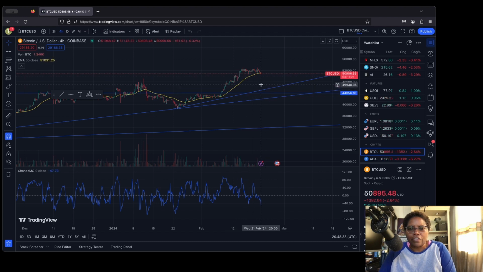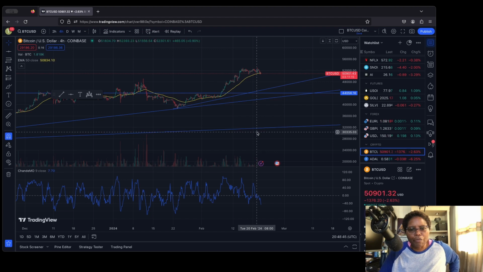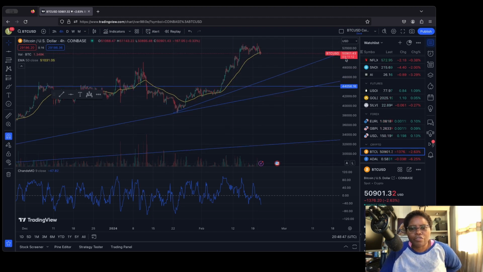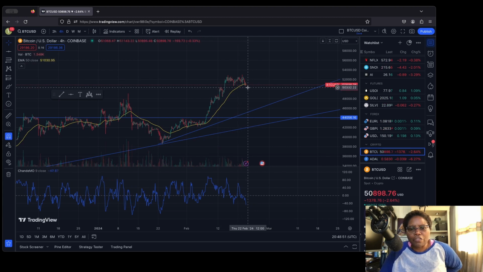So from this chart, it looks like the Bitcoin price is coming down for a bit here. But that's a buying opportunity.